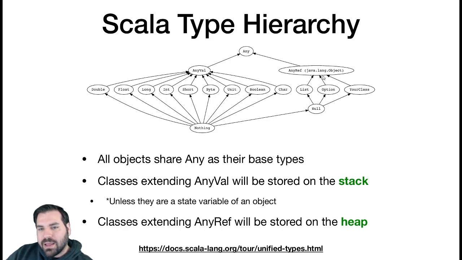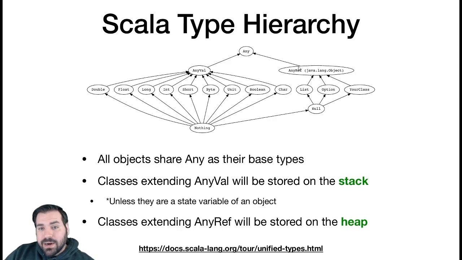And then classes, everything else, everything that's not one of these specific types, is going to extend AnyRef, which extends Any. And these are the classes that go on the heap. The only thing that goes on the stack for these classes are references to these objects that are on the heap.